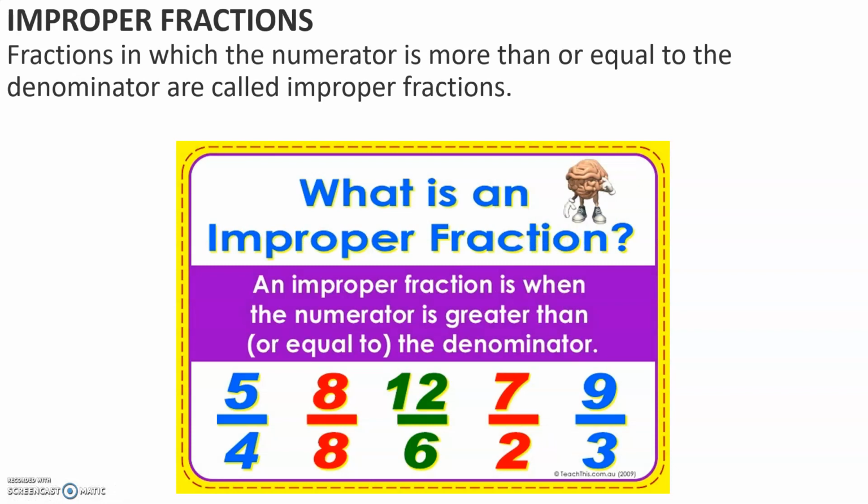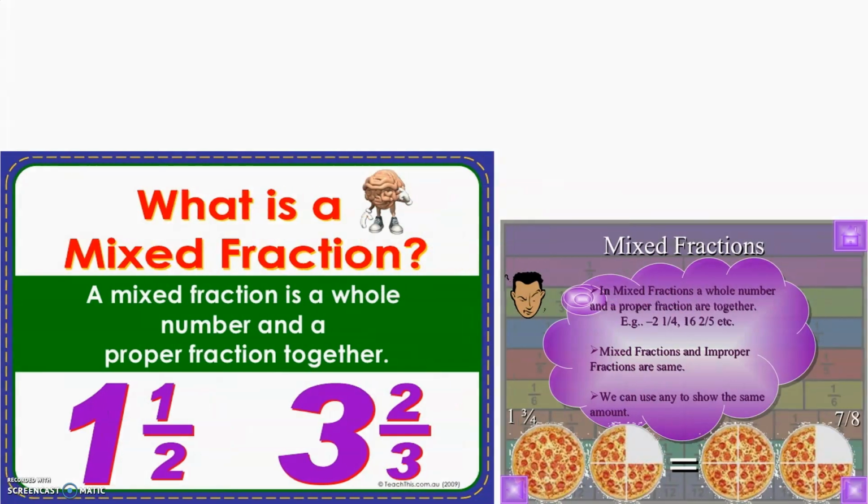So fractions in which the numerator is more than or equal to the denominator are called improper fractions. For example, 5 upon 4. See here, this numerator is greater than the denominator. So 8 upon 8 is equal to. Then 12 upon 6, 7 upon 2, 9 upon 3. These are the examples of improper fractions.